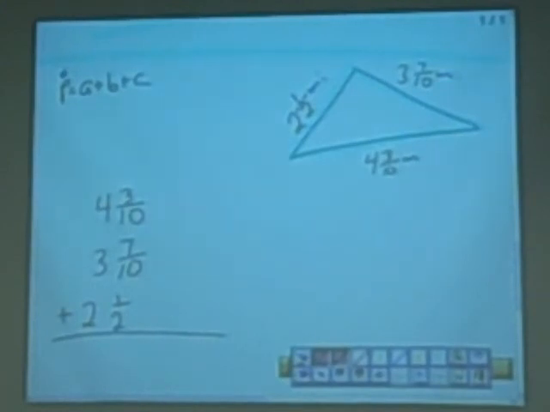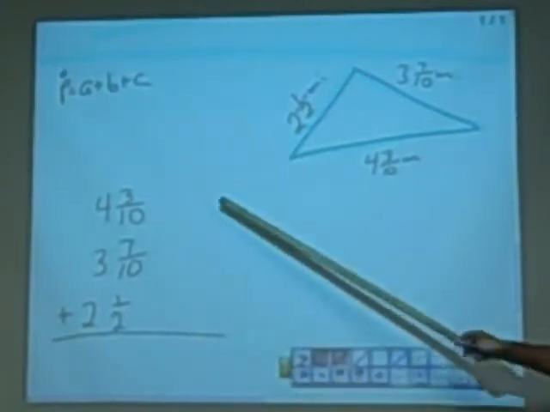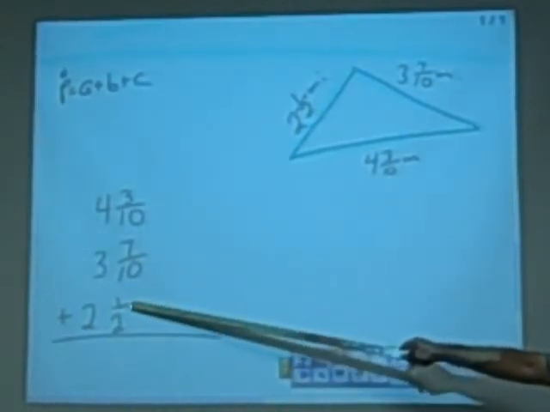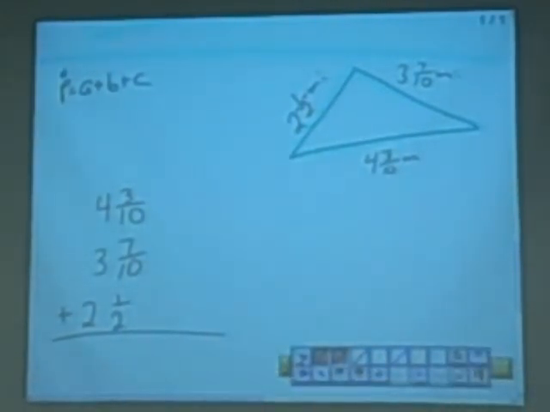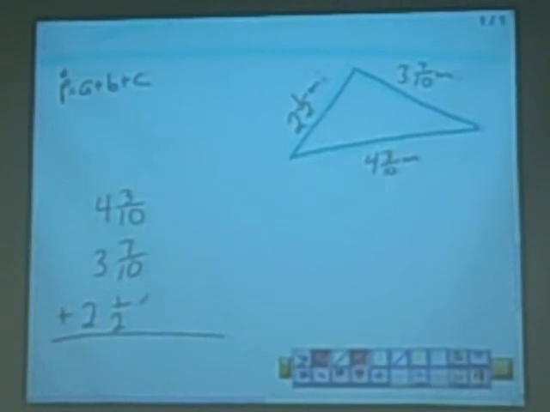Okay? So can we add these up just the way we have? No. We can add the first two, but we can't add the third one, right? So we need to multiply 5 over 5, right? So we're just going to carry the first two over.